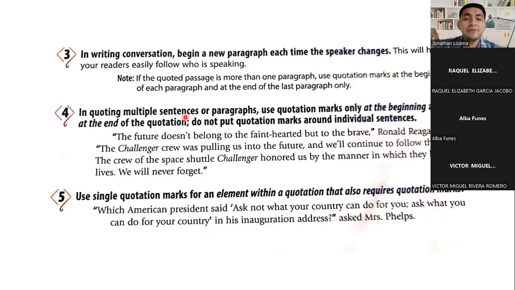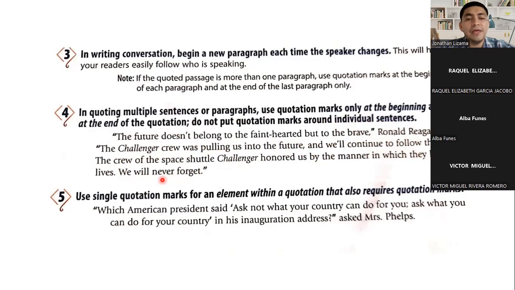In quoting multiple sentences of a paragraph, use quotation marks only at the beginning and at the end of the quotation. For example, like this, right? The future doesn't belong to the faint-hearted, but to the brave. Ronald Reagan. The Challenger crew was pulling us into the future and we will continue to follow them.